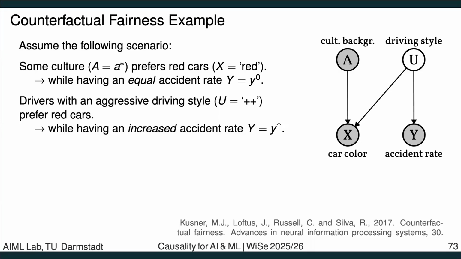And by that, we discriminate against this one culture, which for some reason that is really not related to driving style, chooses red cars over other colors. So that's bad, and we need to take care of that. Yeah, and basically what this lemma from before tells us is, okay, we cannot really take this car color because it closes this path. We should not use it in our training.